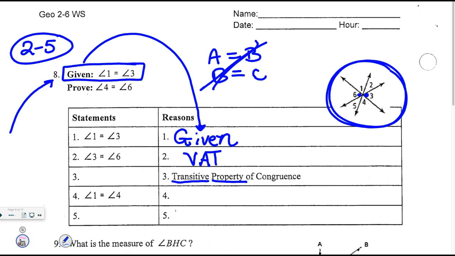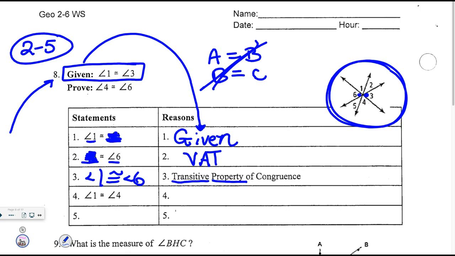Does that make sense? So on this one, if it says 1 is the same as 3 and 3 is the same as 6, who's Ellie in this scenario? Which angle? I weigh the same as Ellie. Ellie is 3. Yes. We don't really need, I call this kind of like the middleman. We're using him to say that angle 1 is the same as angle 6.